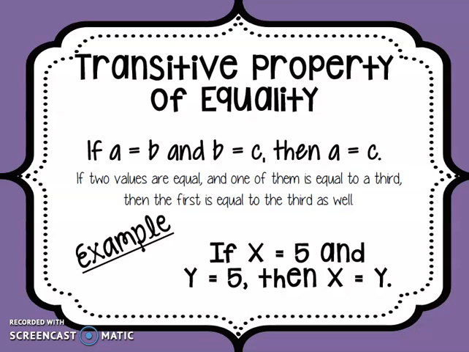Basically, if two values are equal and then one of them is equal to a third value, then the first and third are going to be equal. The example at the bottom is if x is 5 and y is 5, then x is y. So transitive property is easy to identify because there are three parts to it: if, and, then.